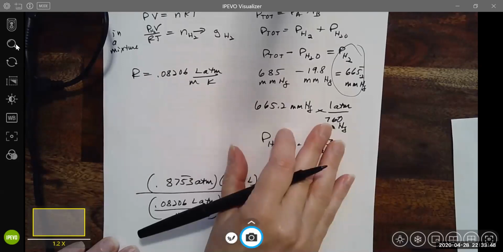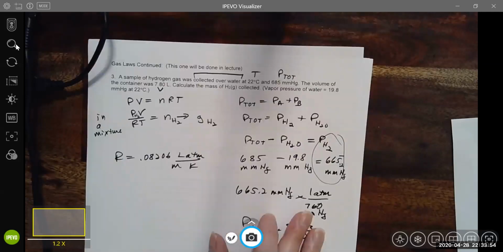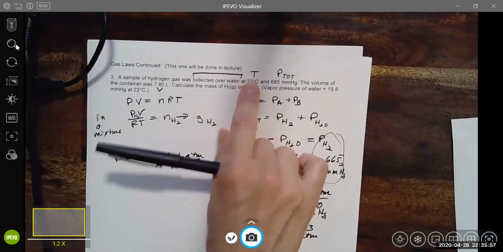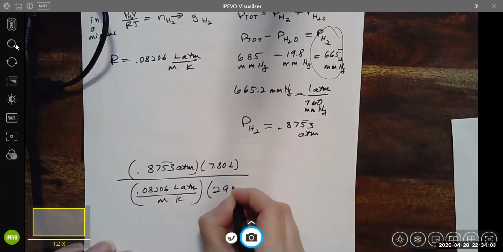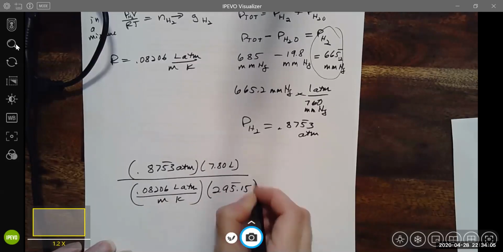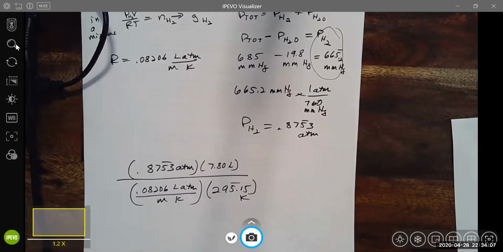That temperature was given up here as 22 degrees Celsius. I have to convert that to Kelvin down here, and that is 295.15 Kelvin, with the sig fig on the 5.